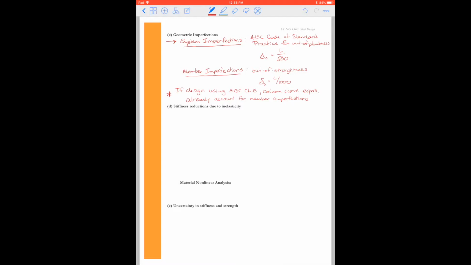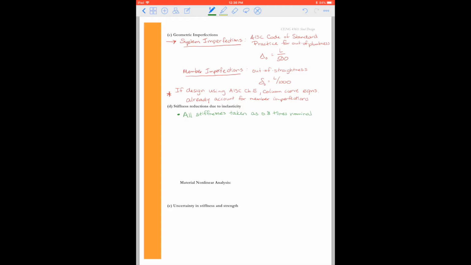All right, moving on to item D, stiffness reductions due to inelasticity. If we reference our manual, we'll see that we can do this with two items. One, all stiffnesses should be taken as 0.8 times the nominal.